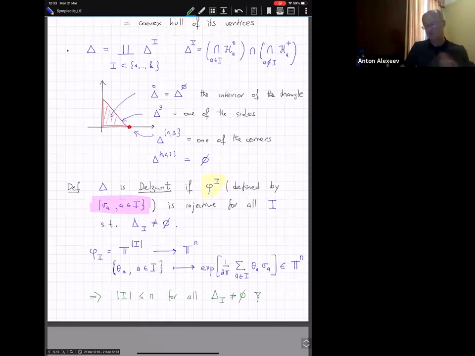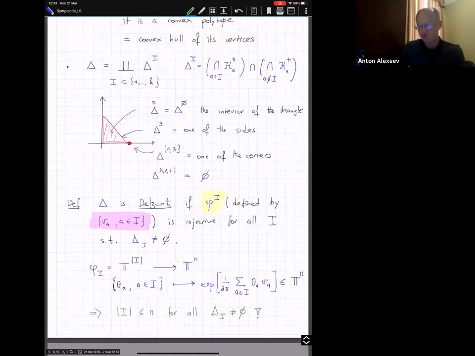So this is a kind of big condition. This definition imposes rather restrictive conditions on our polyhedral sets. We're going to see it today.